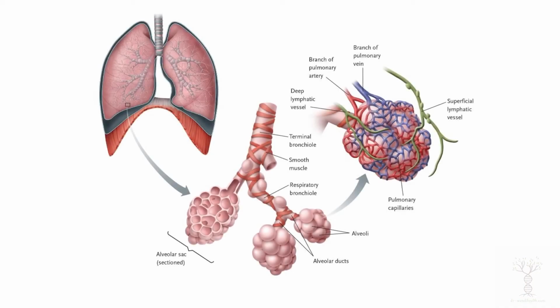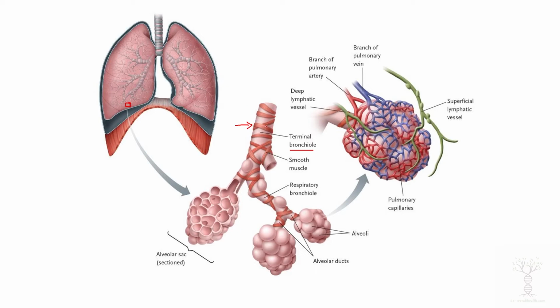So if we took a little tiny section of our lung tissue and magnified it, I want you to see here, when we look at our bronchioles, we have smooth muscles that surround these structures, so that if these muscles contract, it will constrict those airways and less air will be able to move through.